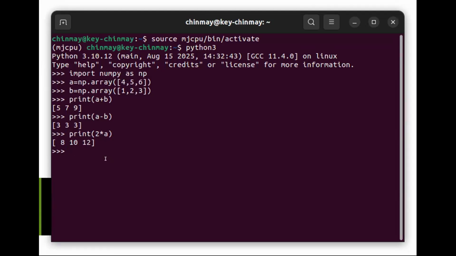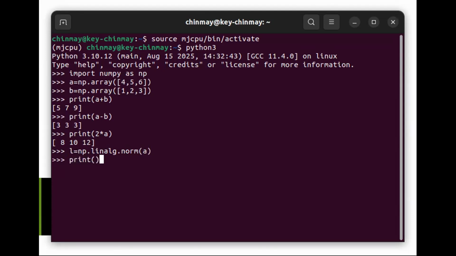Then you can also calculate its length. np.linalg is linear algebra, which you can use to access the linear algebra functions, and norm is basically the length.